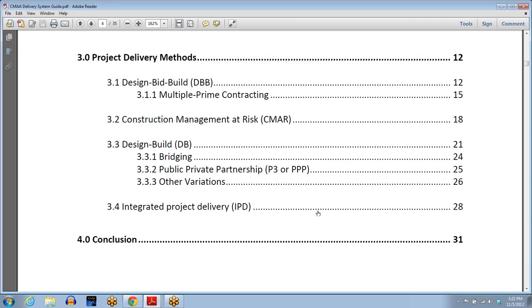Probably the majority of companies, meaning builders, would use one particular kind more than another. In other words, there might be a company that would offer you design build and traditional design bid build, but they prefer design build. So you have to sort through that.